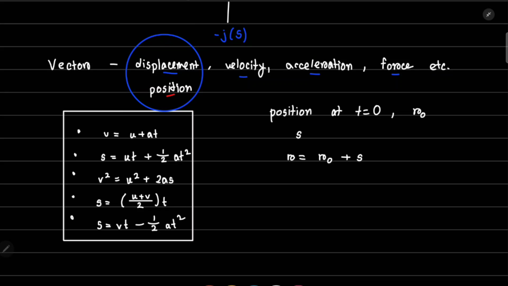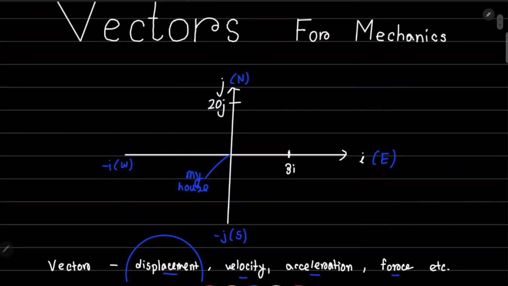And if we are given 2 position vectors, we can also find the displacement from them. So I might say that there is a shop over here, which is 3i plus 20j from my house, which is the origin, and over here at minus 10i plus 10j, there is another house, my friend's house.